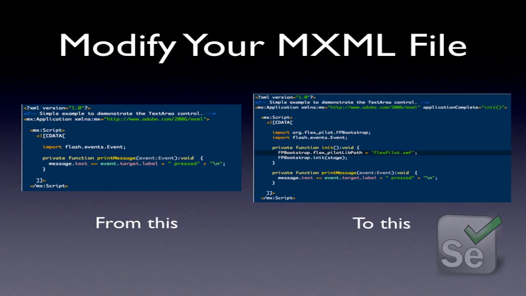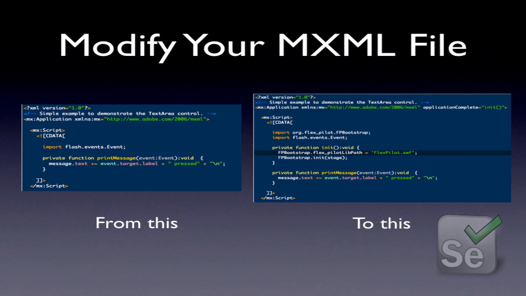So to get all this to work in your application, you start out with the thing on the left, which is just a little MXML file that I made, and then you add in these 3 things on the right.